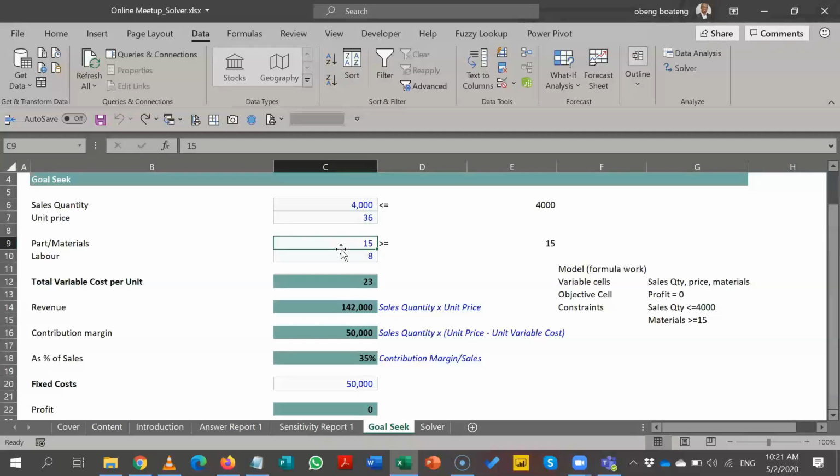But if you were to look at what growth rate, from last year to this year, we should pursue to break even, would that also work? Yes, that will work, because I'm assuming that when you build that model, the growth rate is already part of the formula. And the growth rate is part of a variable cell.